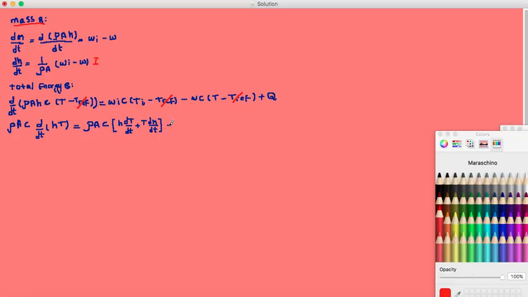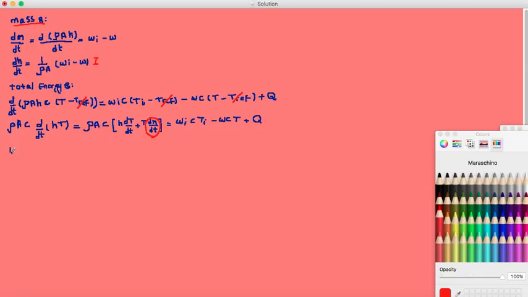and then the right hand side of the equation is omega I C T I minus omega C T plus Q. Also we can simplify it more because we have dH by dt here, which is the same as equation 1, so let's substitute that.